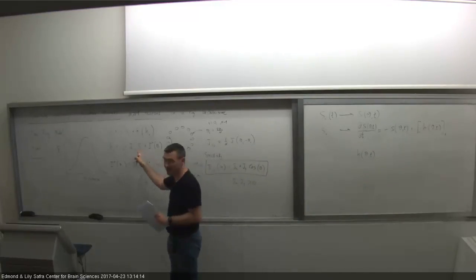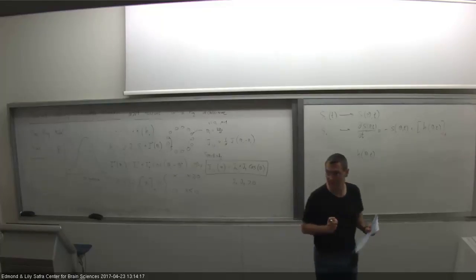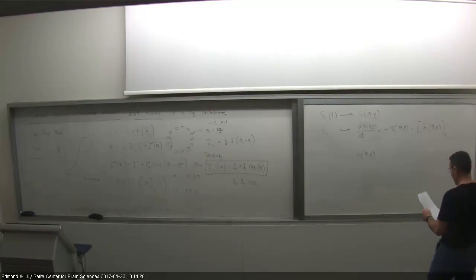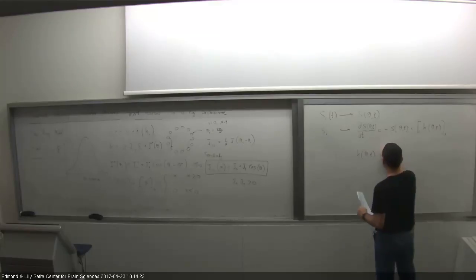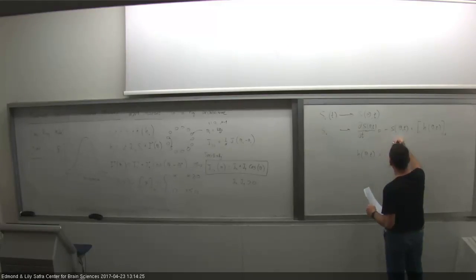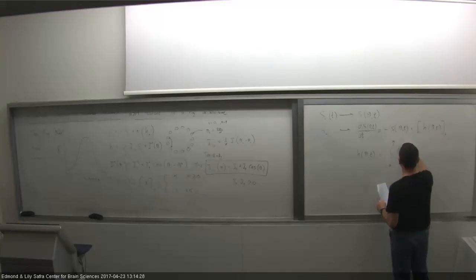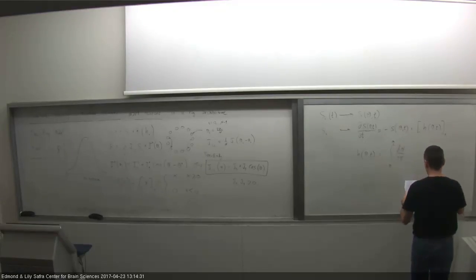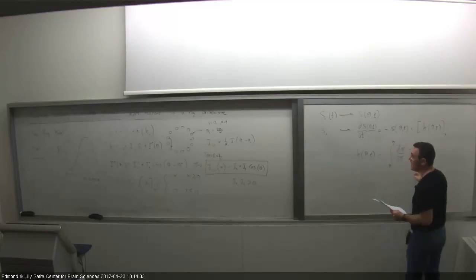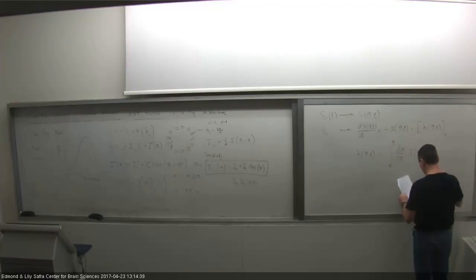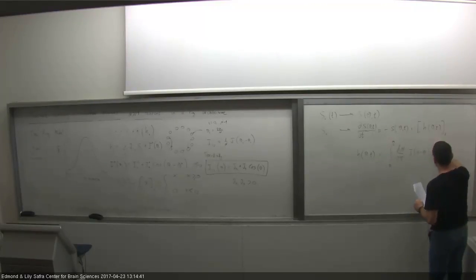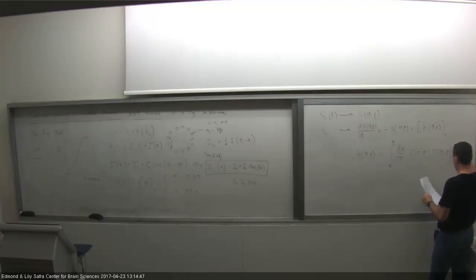Previously h was a sum over all neurons. What will it be now? The integral. So this will be just equal to the integral from minus pi to pi d theta prime over 2 pi J. So J_ij will become J of theta minus theta prime, s of theta prime and t, plus I0 of theta minus theta 0.